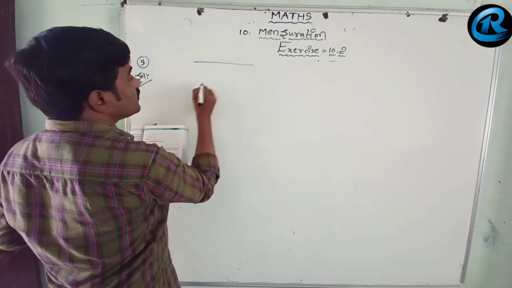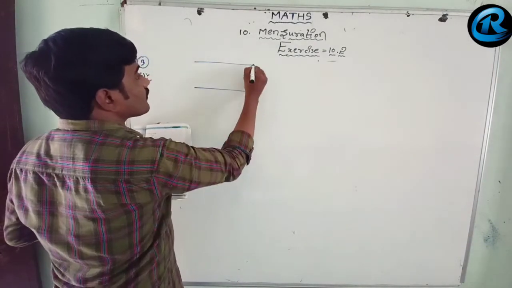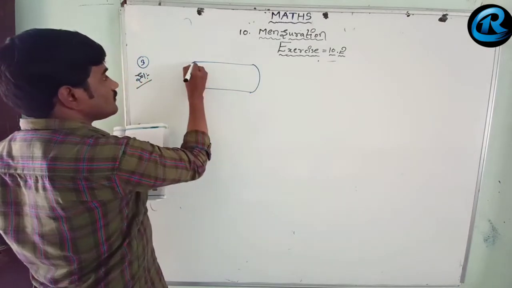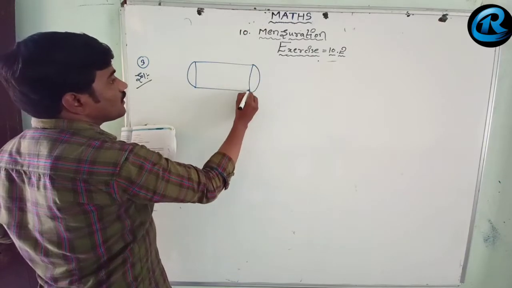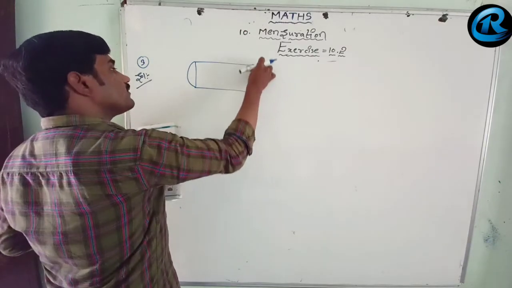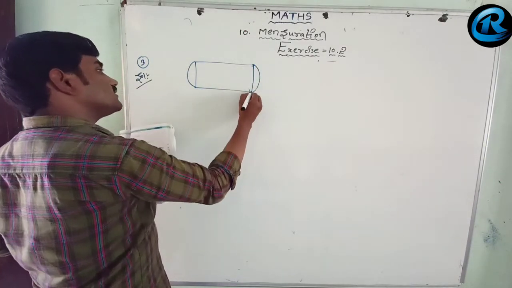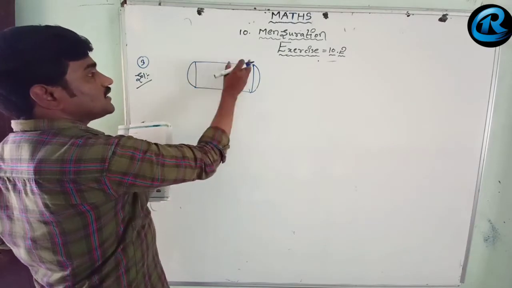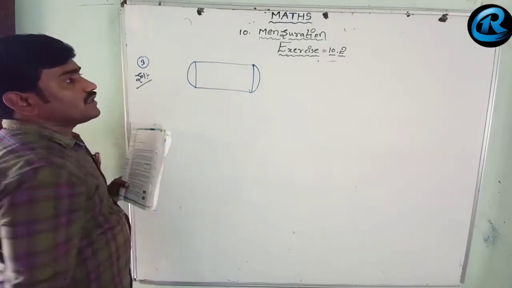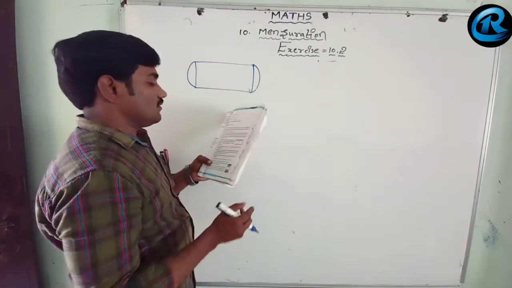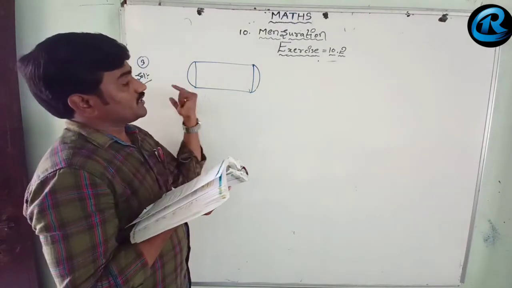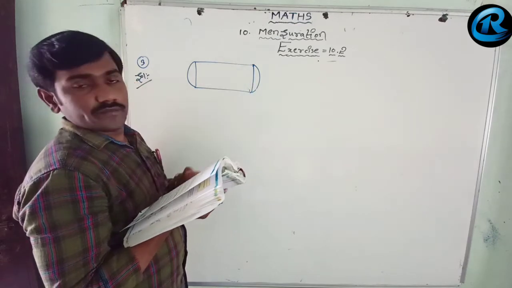One medicine capsule will be like here. It will be like one cylinder and 2 hemispherical sides on either side.